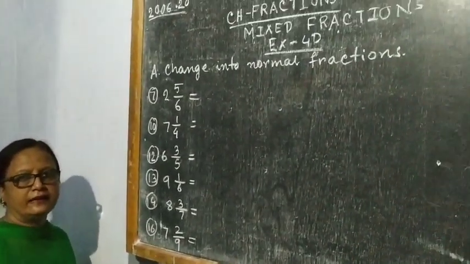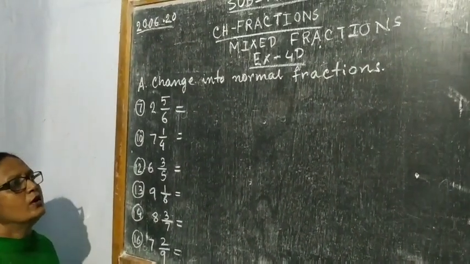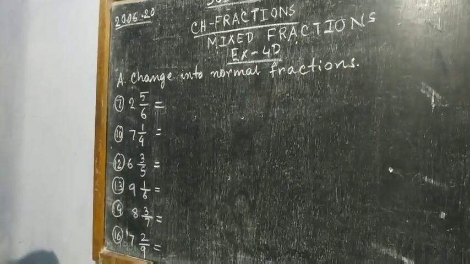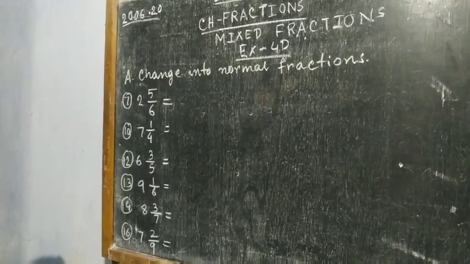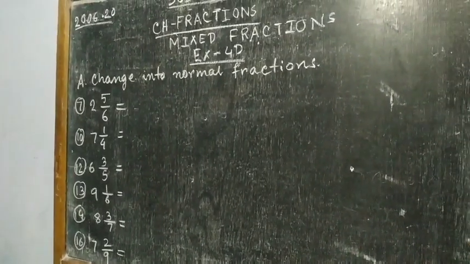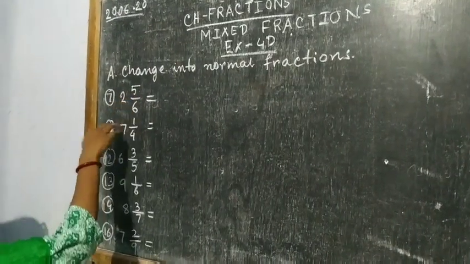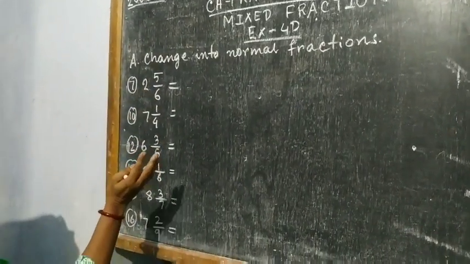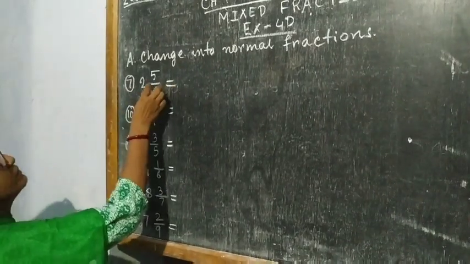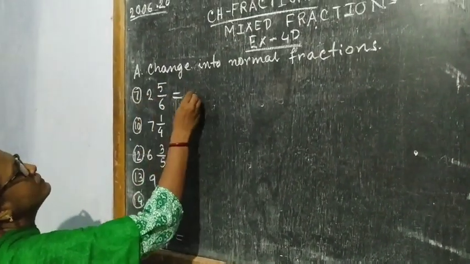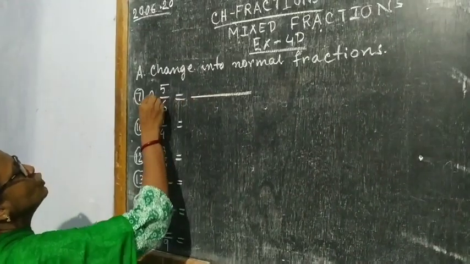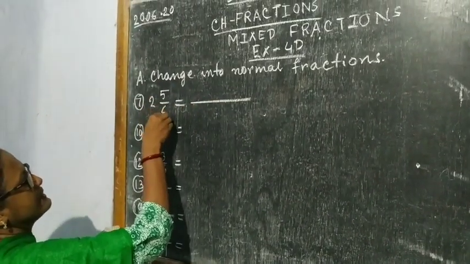Now children, let's do some sums of exercise 4D. Sum number A: change into normal fractions. This is a mixed fraction, and you have to change it into a normal fraction. So what will you do? 2 5 by 6, sum number 7.